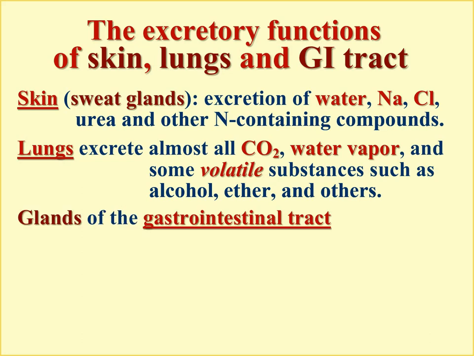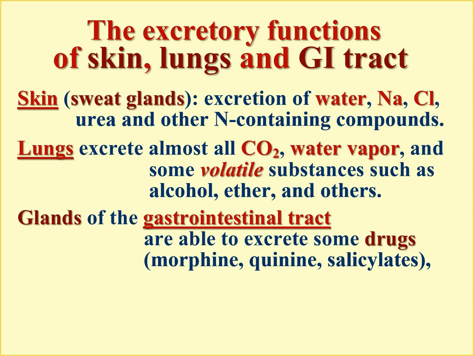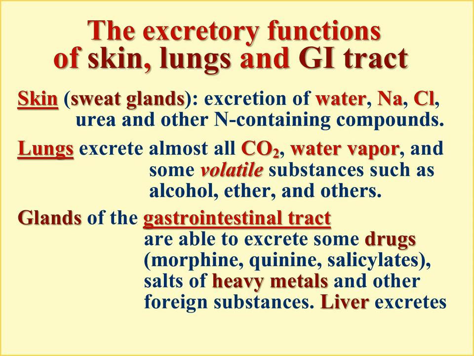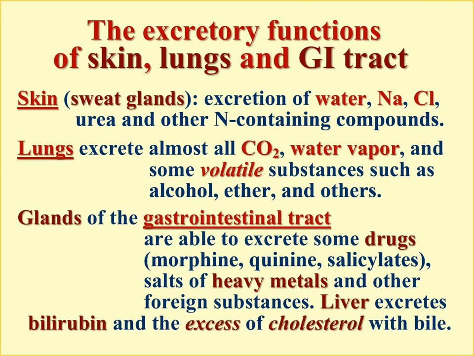Glands of the gastrointestinal tract are able to excrete some medicines, drugs, morphine, quinine, salicylates. Also, it can excrete heavy metals, salts, and other foreign substances, but naturally, on a daily basis, the liver excretes bilirubin and also the excess of cholesterol with bile.